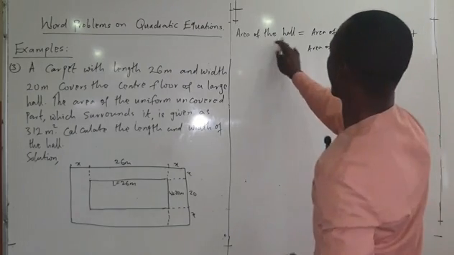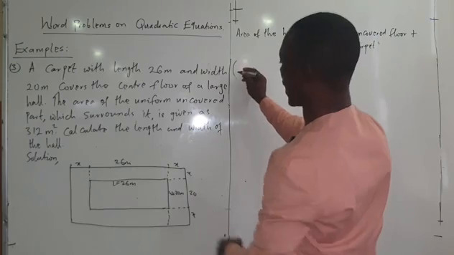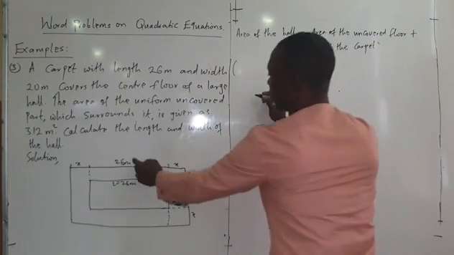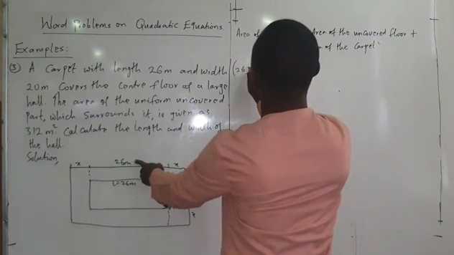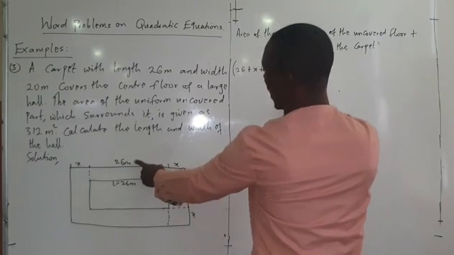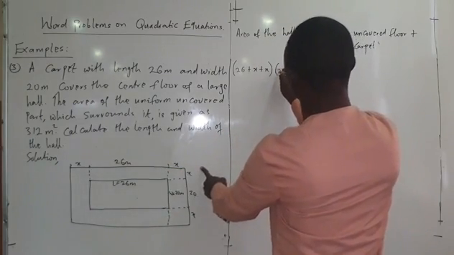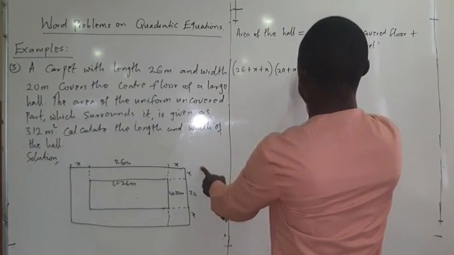So what is the area of the hall? The area of the hall will be length times width. That is the length of the hall, which will be 26 plus x plus x, multiplied by the width of the hall, that is 20 plus x plus x.